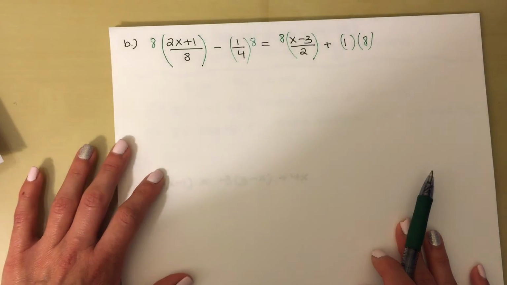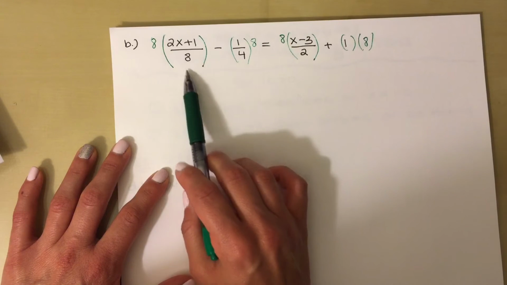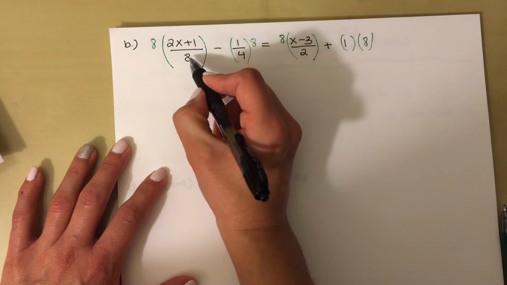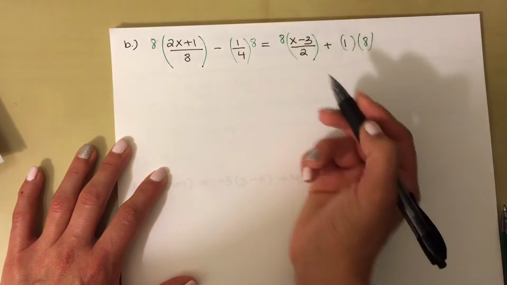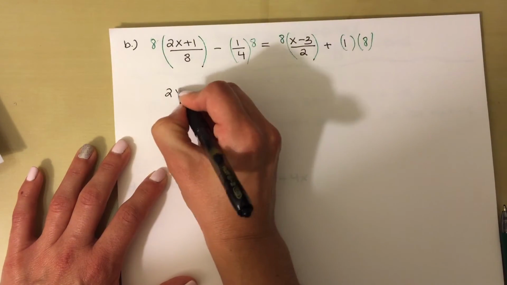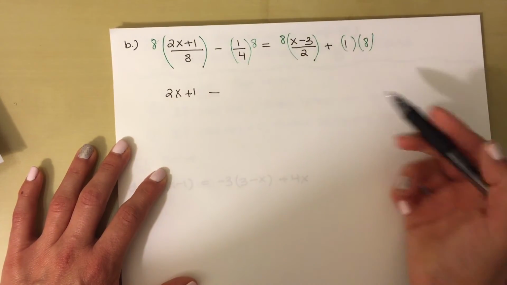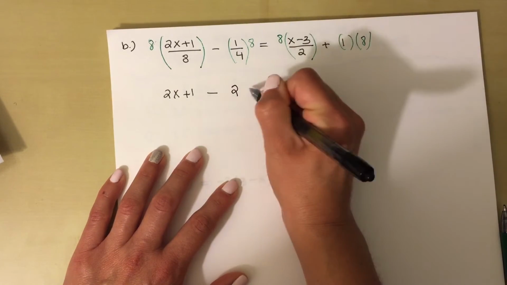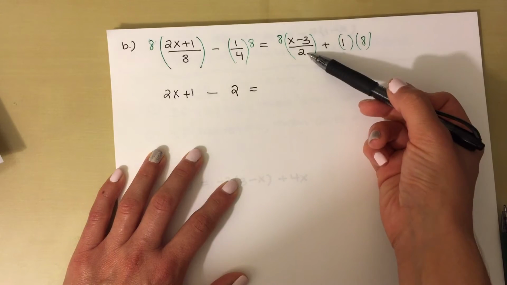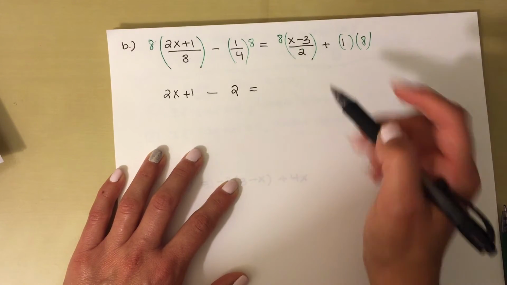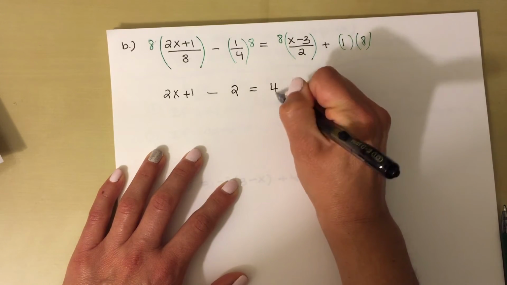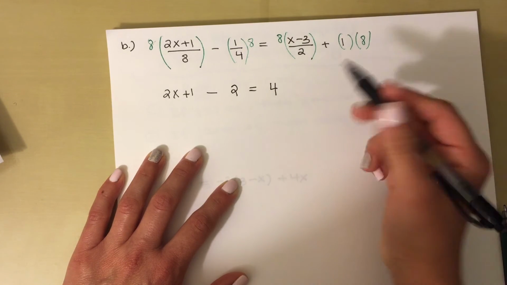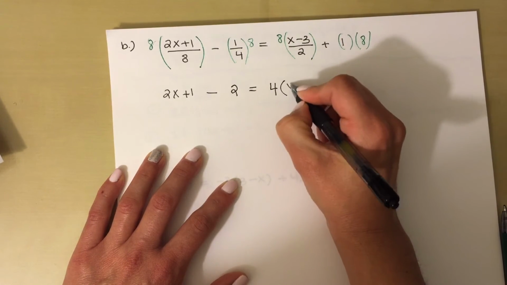So the whole idea here is that we want to reduce. 8 goes into 8 once. And so essentially these go away, and we're just left with 2x plus 1 minus 4 goes into 8 2 times. 2 goes into 8 4 times, but I need to multiply by x minus 3, use parentheses.